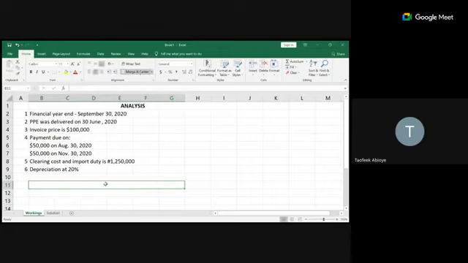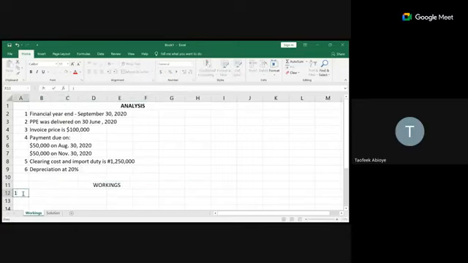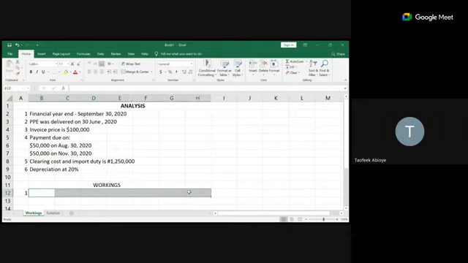So we must determine it. Number one workings is the determination of exchange difference. Is it exchange gain or loss? Now we will see it.